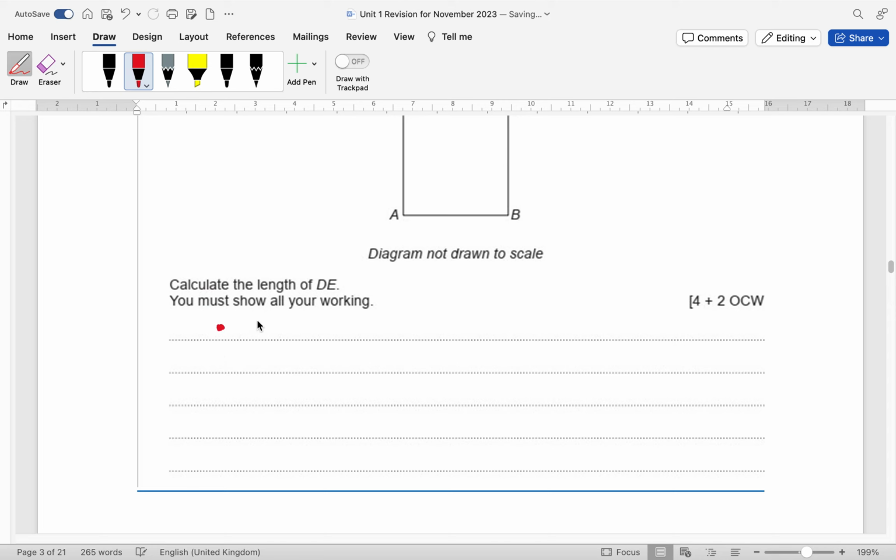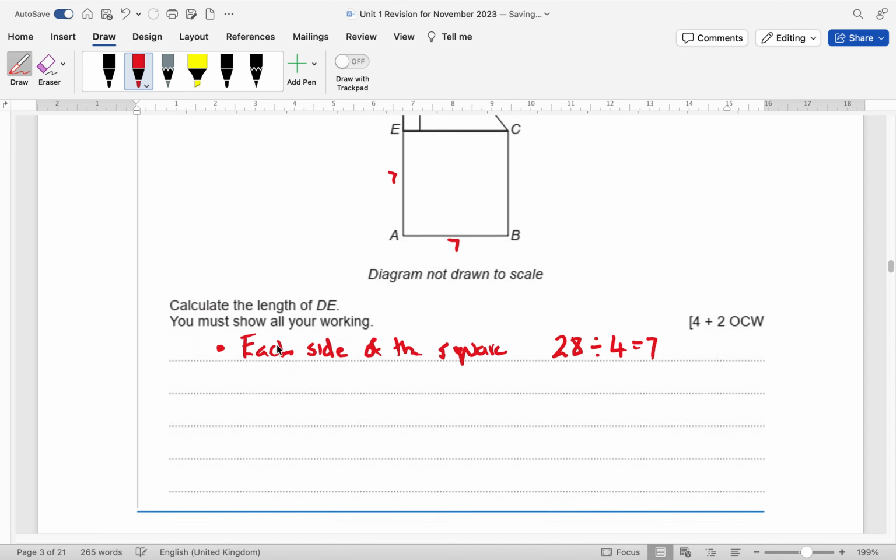I'm trying to work out the side of the square first, so 28 divided by 4 is 7. So it must be 7, that's 7, that's 7, 7. Great start. I'll write that on there as well.